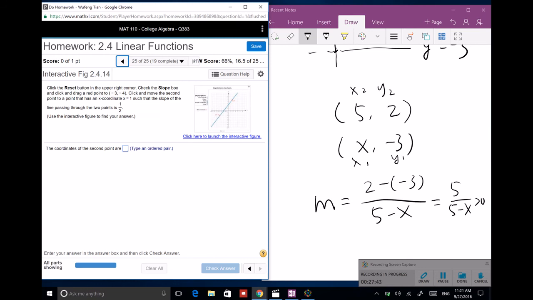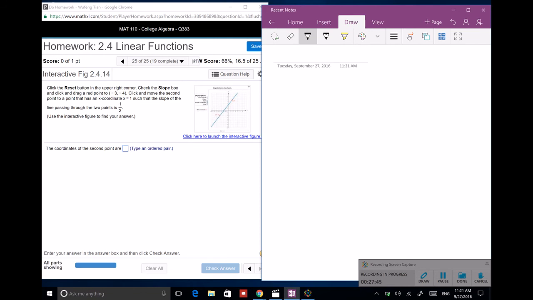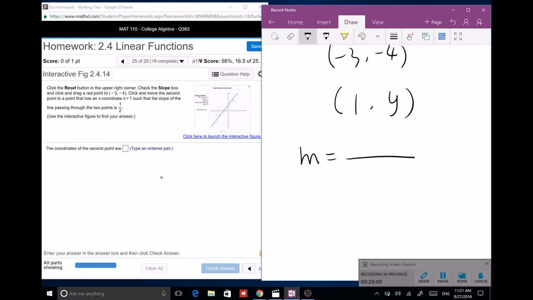Next question. Check the slope, drag the point to (negative 3, negative 4). Then move the second point to the x coordinate x equals 1, such that the slope through the two points is 1/2. The coordinate of the second point is (1, y). We don't know the y value, but we can use the formula m equals y2 minus y1 over x2 minus x1.